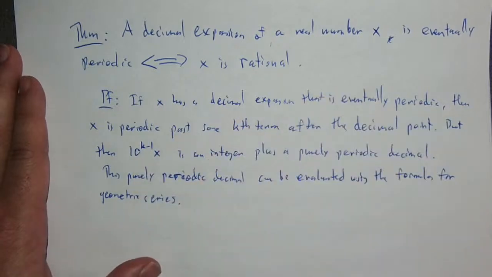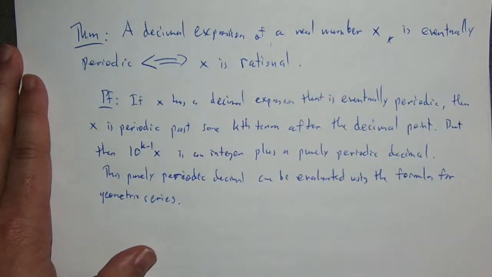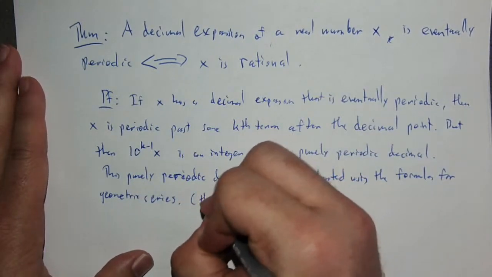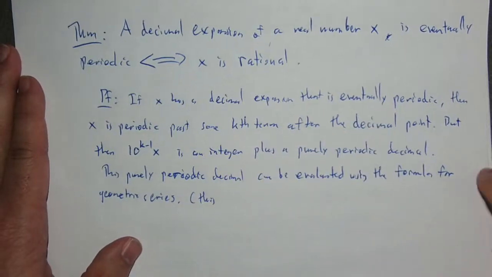And of course, the formula for a geometric series is integer divided by integer.